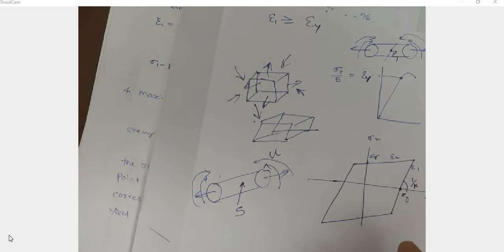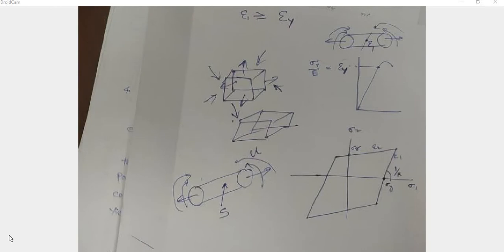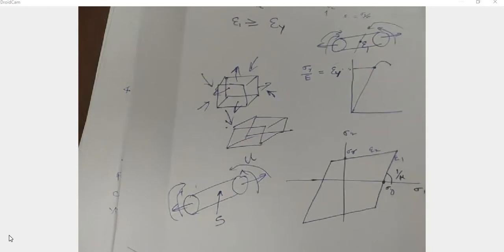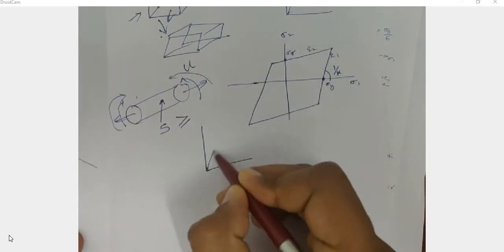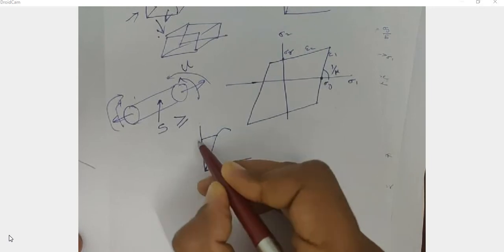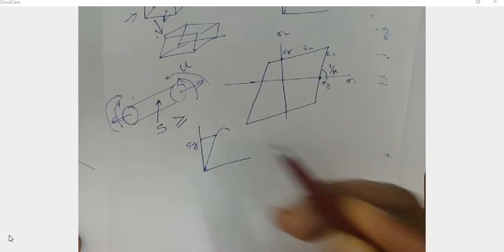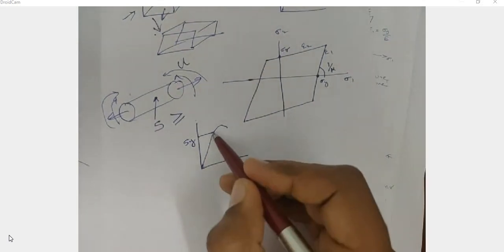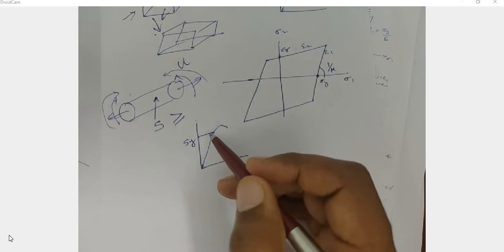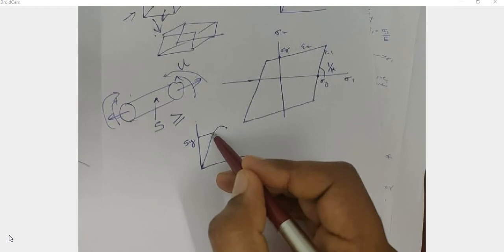And if the strain energy is greater than or equal to the strain energy corresponding to yield point, then failure occurs. Corresponding to yield point, there is a strain energy. We can calculate the strain energy corresponding to yield point using half into stress into strain, that is sigma y square by 2E.